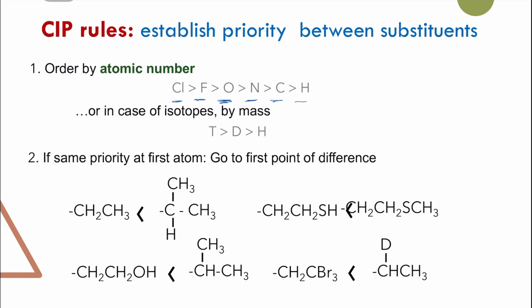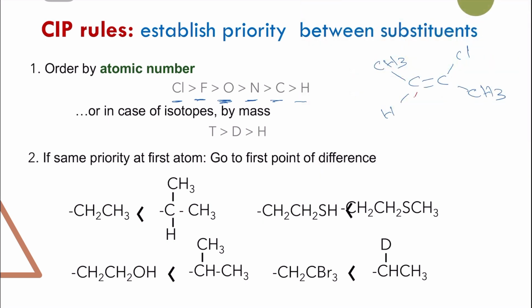So if you have a double bond like here, and you have a chloride here and a methyl group in here, and I have hydrogen here, and let's say I have a methyl group here, would this be Z or E? So I would look at the first carbon first.